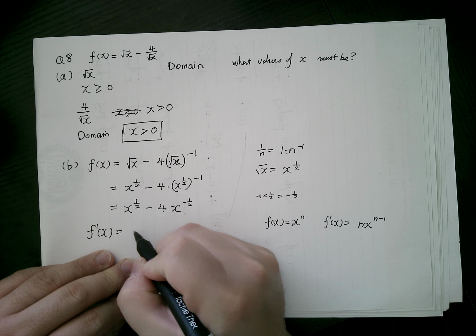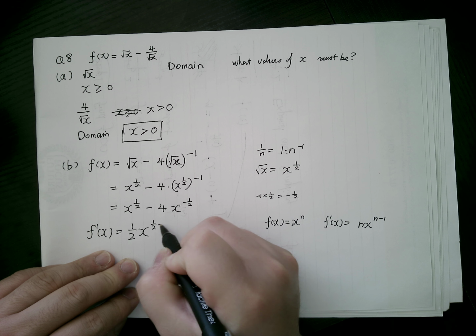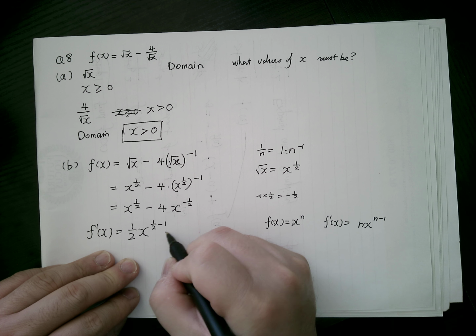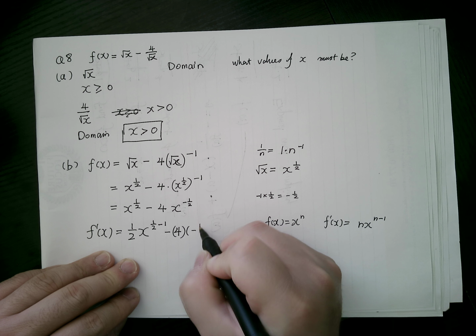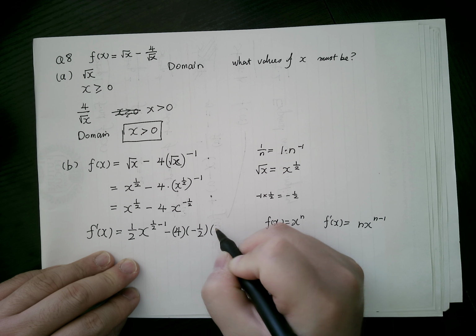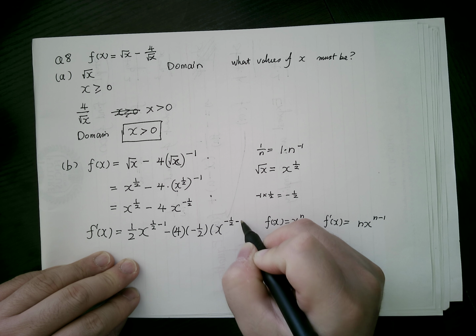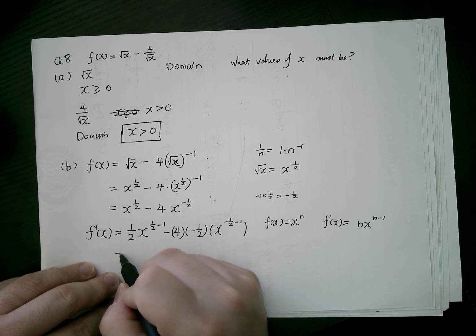In this case, n is a half, then a half minus 1. Don't forget about the minus 1. A lot of students will actually forget about that. Minus 4 times a half, then x to the power of a half, again minus 1. Then we simplify it.